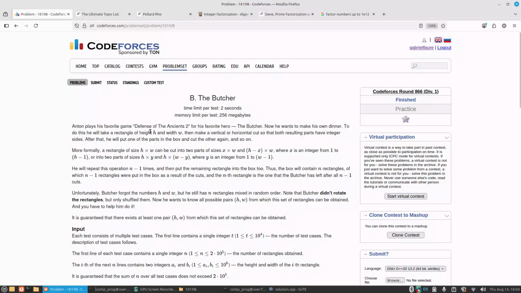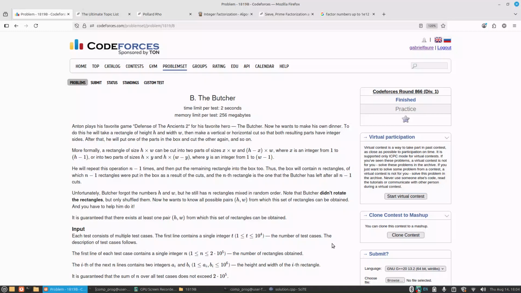Oh yeah, it's cutting, so that makes it a lot easier. Yeah, what the hell was I thinking? It's not the right path to take. Yeah, just go DP up. Consider all possible things we can cut from.